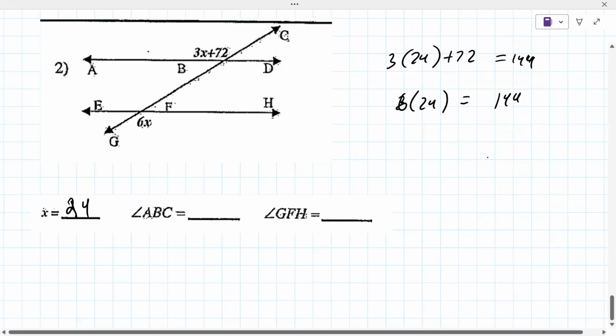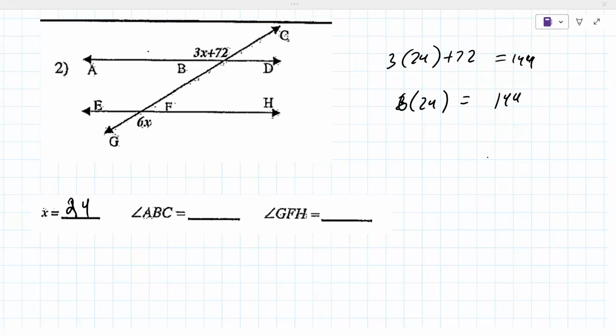All right, cool. Let's keep going here with some more example problems to work on. Let's switch it up to an isosceles triangle. Add some letters to this one.